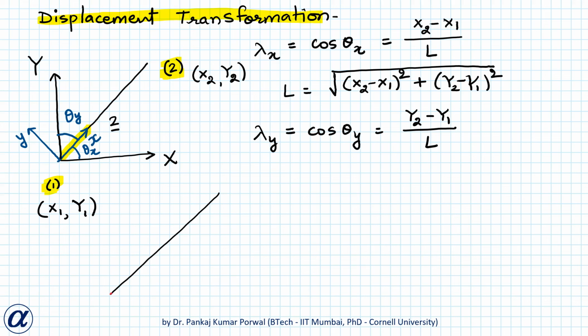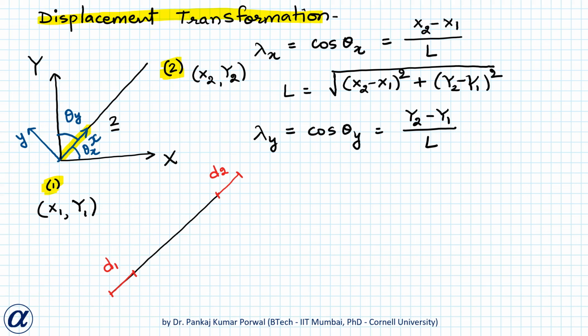So let's say at node 1, the displacement in the local coordinate system is d1 in small x direction, and at node 2, the nodal displacement is d2 in small x direction.